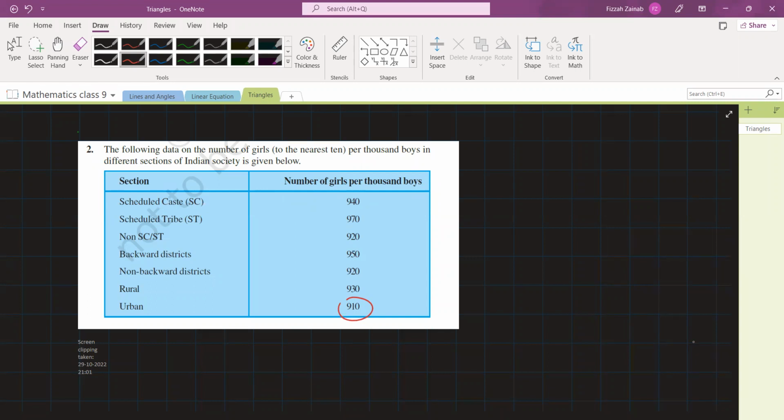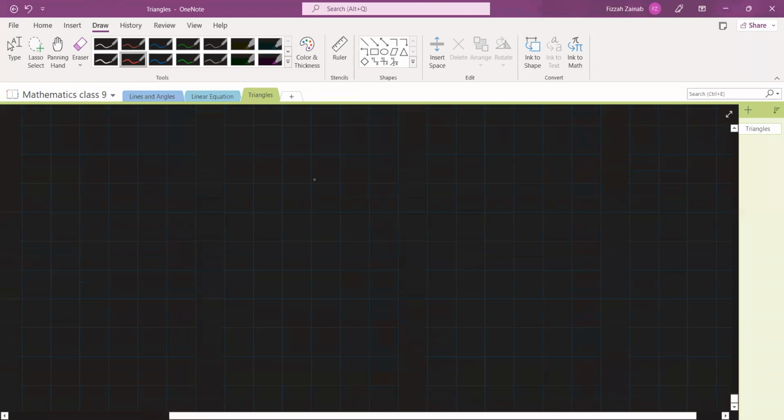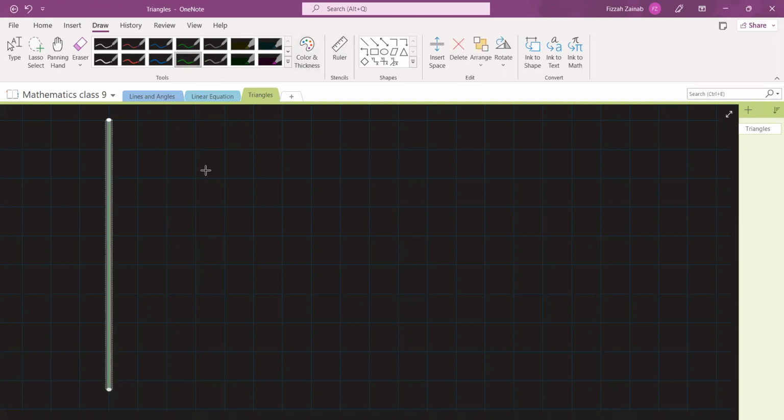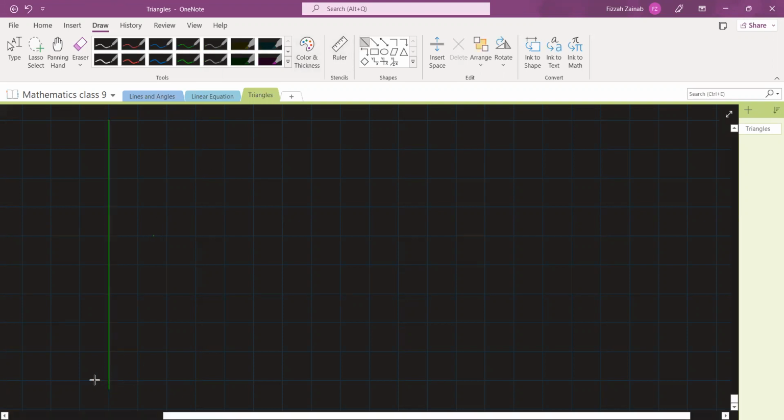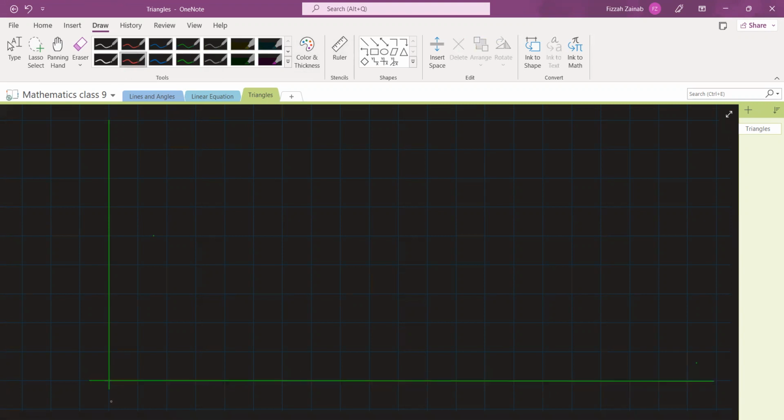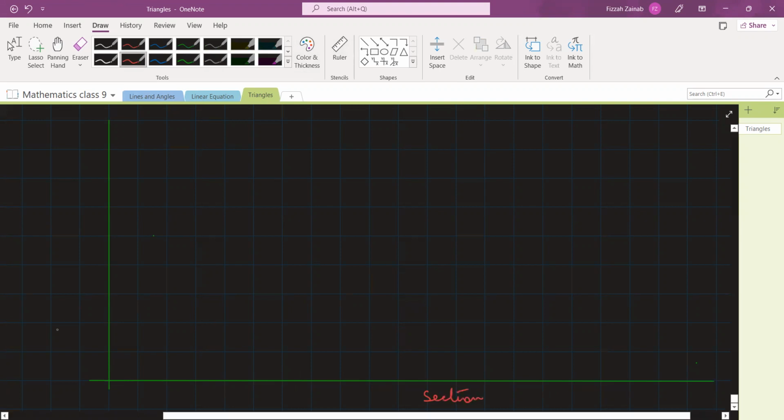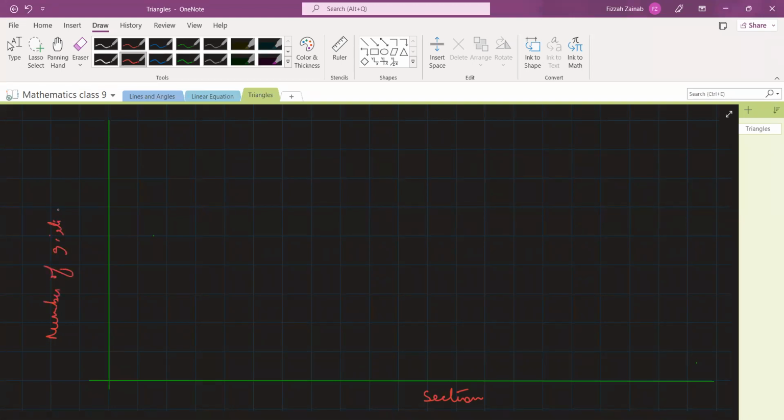So no problem, now you choose two axes first of all. Here I'm going to take the section of the society, right? And here I'm going to take the number of girls per thousand boys.